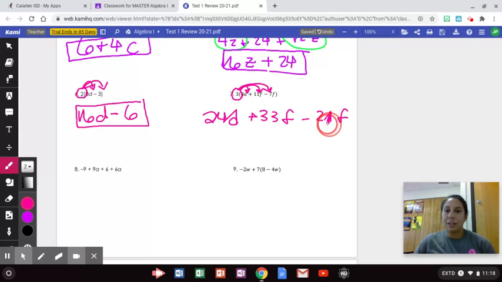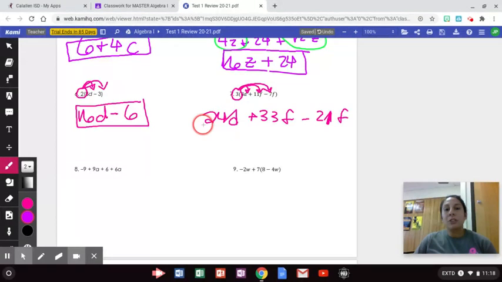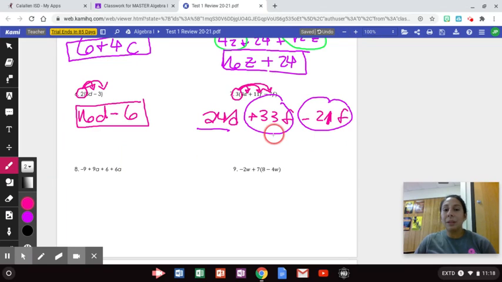Okay, next, we combine like terms. So D's are all by themselves, but I can put my F with the F right here. So 33F, take away 21F, we can combine those together. So we have 24D right here, and then that gives us plus 12F.